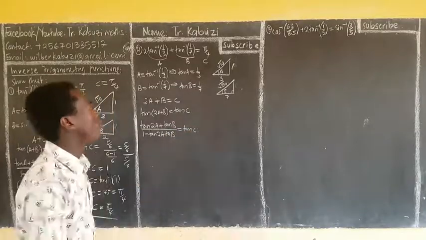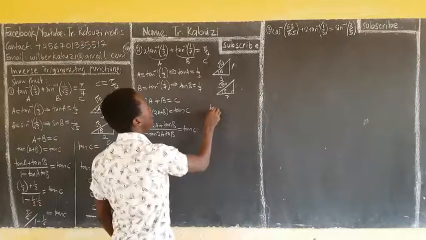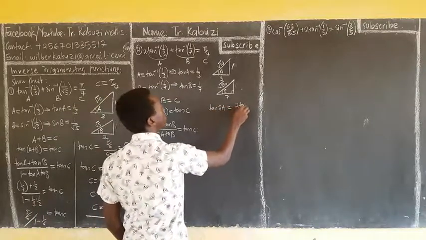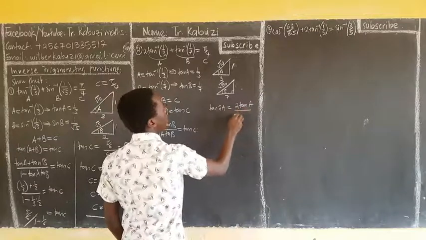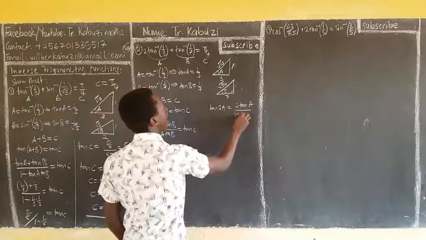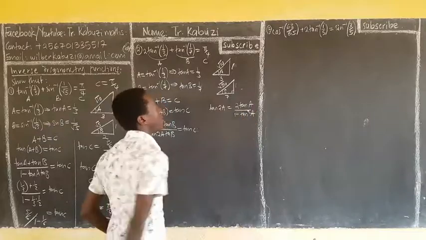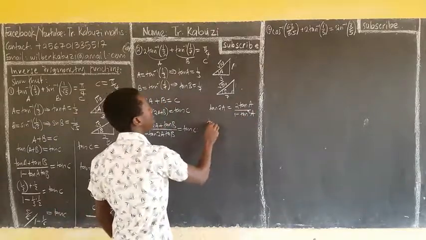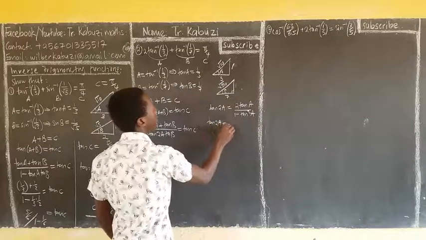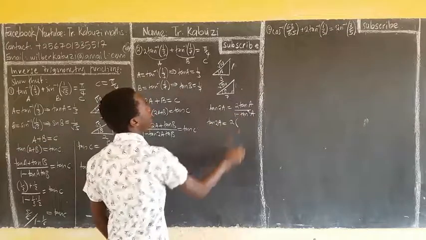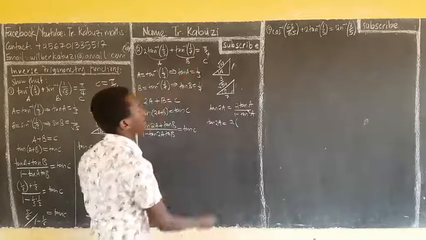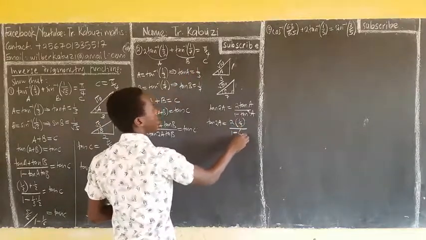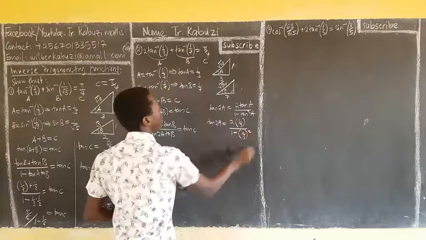But we know from trig that tan 2A is 2 tan A over 1 minus tan squared A. We know this from double angles. So here you can get that tan 2A is going to be 2 into tan A. From here tan A is 1/3, the whole over 1 minus 1/3, the whole squared.